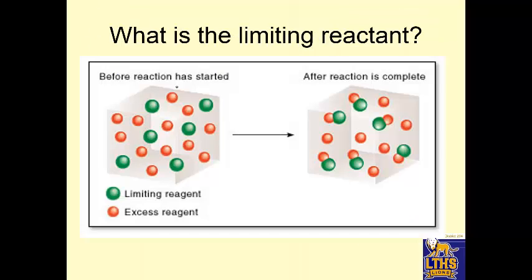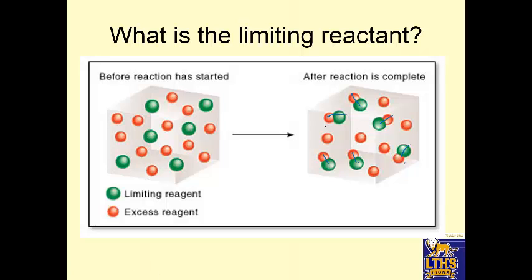If these are all atoms going into a chemical reaction, and these are the new things that come out, if you notice, here's something new, a bond, a bond, a bond, a bond, a bond, a bond. So guess what happened? The green one, the bigger sphere, is the limiting reactant because it gets all used up to make product. You'll only get 1, 2, 3, 4, 5, 6 products based on 6 limiting reactants.